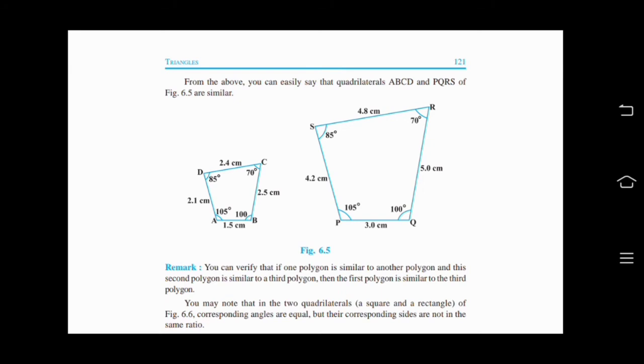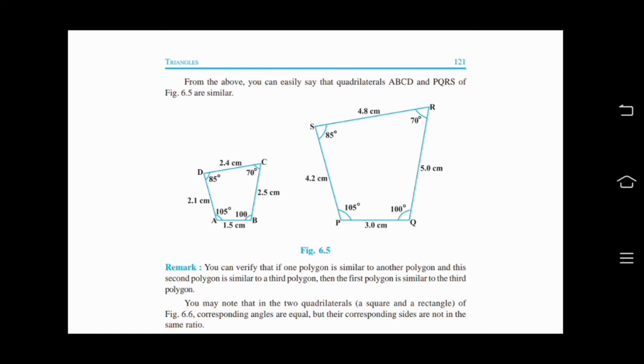Let us check whether it is maintained for all the sides. The length of AB is 1.5 centimeters. Its corresponding side PQ's length is 3 centimeters, which is exactly twice 1.5, right? The length of side BC is 2.5 centimeters. Its corresponding side QR is 5 centimeters, which is exactly twice 2.5 centimeters, right? The length of side CD is 2.4 centimeters.